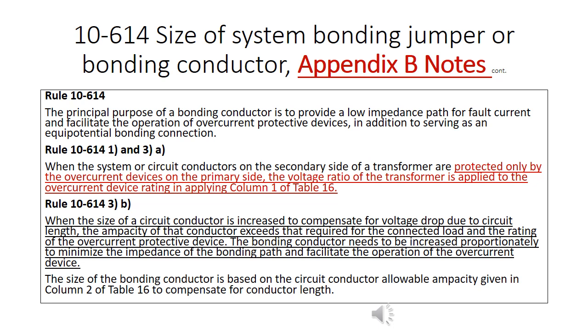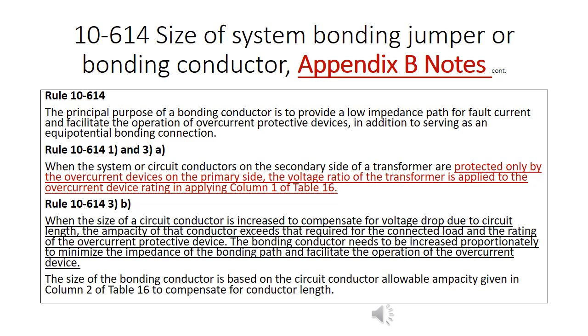10.614, size of system bonding jumper or bonding conductor. Appendix B notes. These notes provided for in Appendix B will assist you in determining the system bond jumper or bonding conductor size. 10.614.